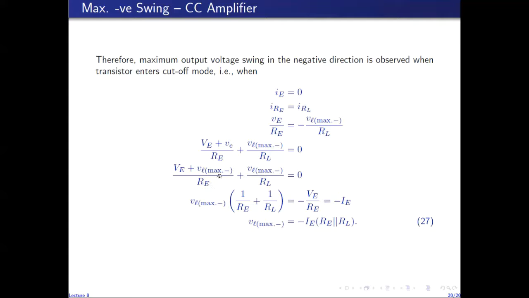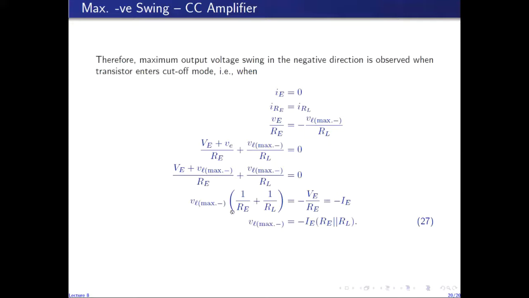So I take VL maximum negative out common. I take this term to the other side. VE is actually the voltage across RE because the other end of the resistance is grounded. So VE over RE is the DC current IE. And so I take VL maximum negative out common.